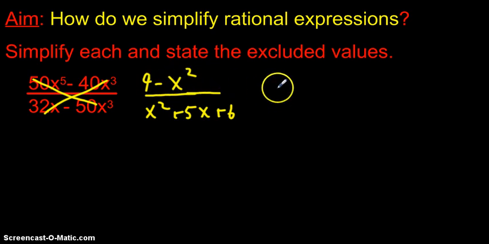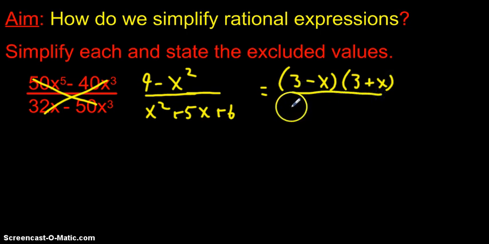So to simplify this, we have a factor that's going to be equal to 3 minus x and 3 plus x. I keep trying to write x first, but I know that's wrong, so I'm going to stop doing that. And this one will have an x plus 3 and an x plus 2.